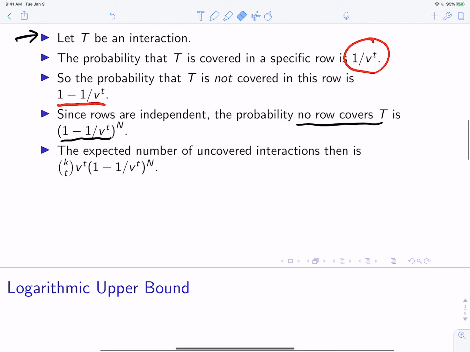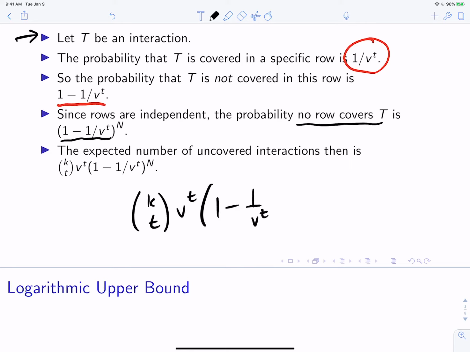So what if I told you, it goes back to the matrix theme, that we have our expectation right here. So here's our expected number of interactions, and I told you that it is strictly less than 1. Not equal to 1, it is strictly less than 1.